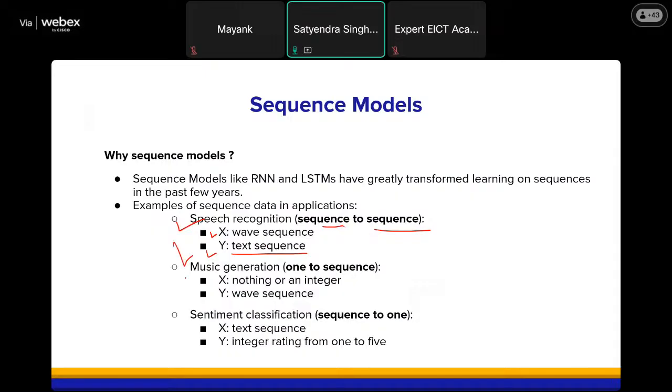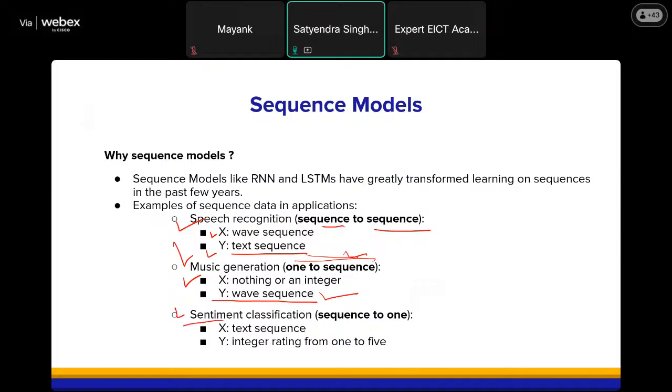In the case of music generation, another example of sequence modeling, the input could be nothing, or it could be a single integer that might represent a genre or the type of song you want to generate. And based on that single input, the output is a wave sequence. So that is an example of sequence modeling where the input is one and the output is a sequence.